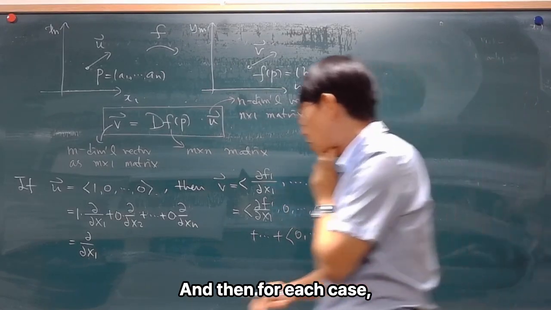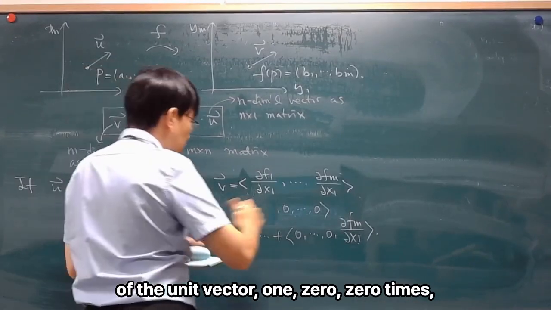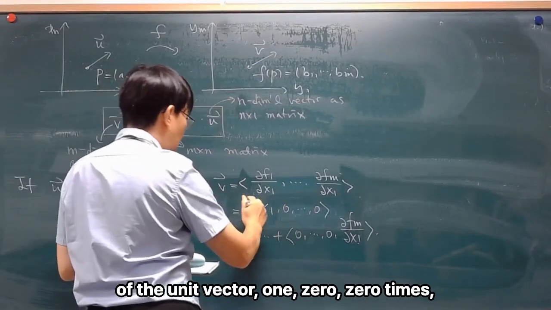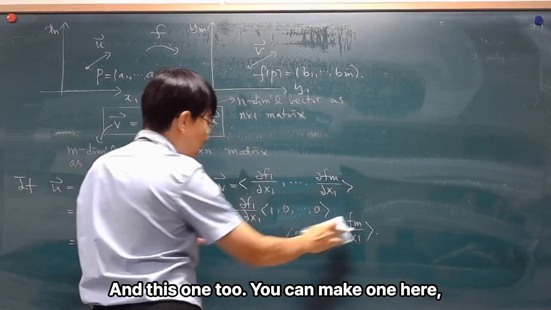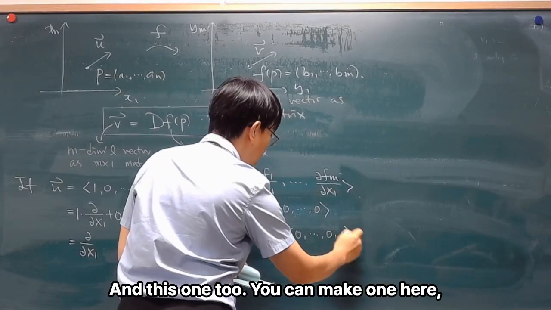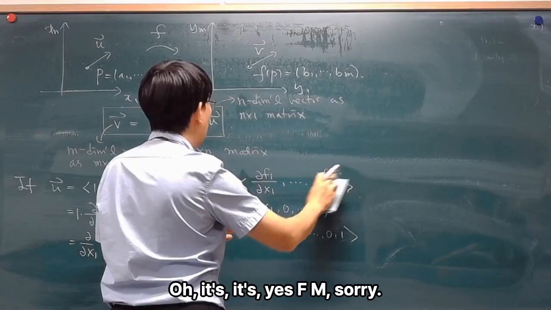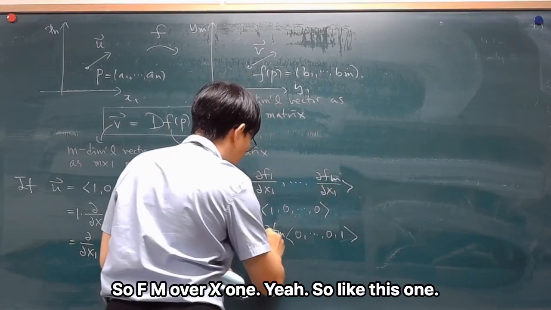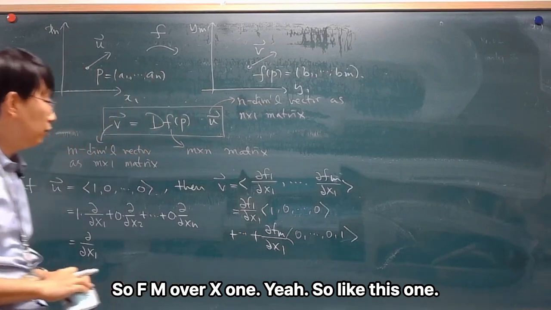And then for each case, you can make this a scalar multiple of the unit vector (1, 0, 0) times ∂f1/∂x1, and this one too. You can make 1 here, and it's a scalar multiple of, yes, fm, sorry, so ∂fm/∂x1.